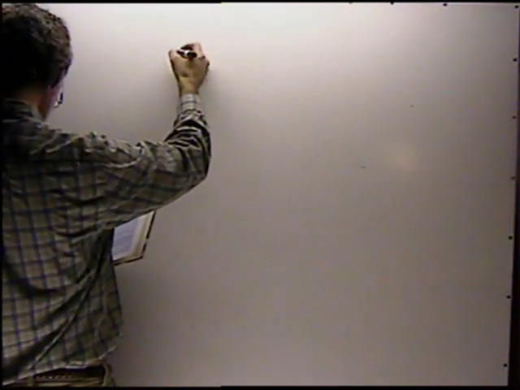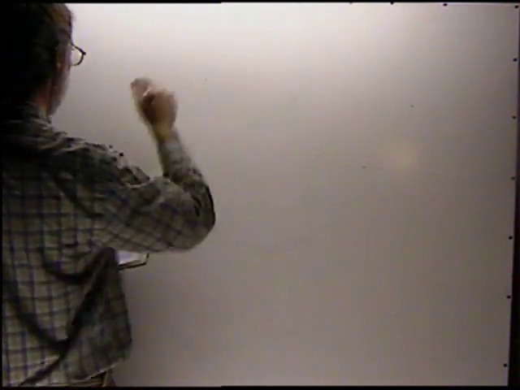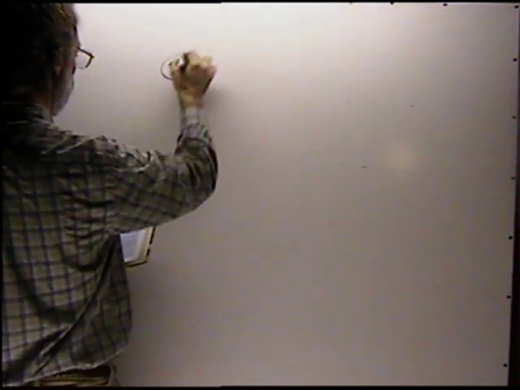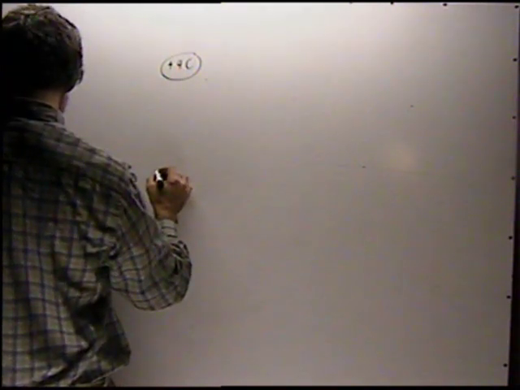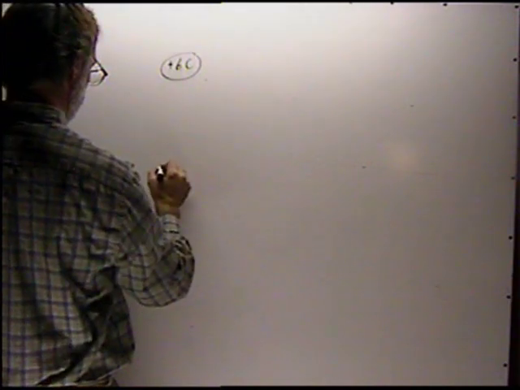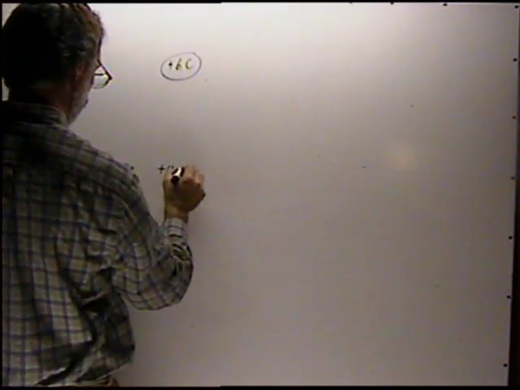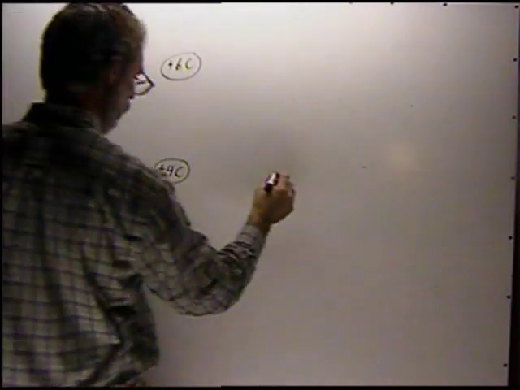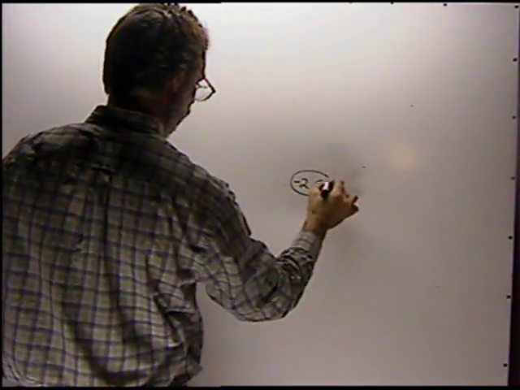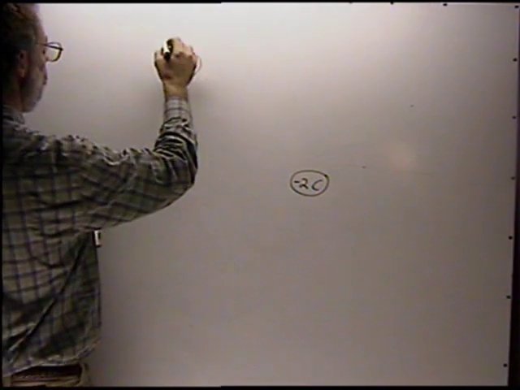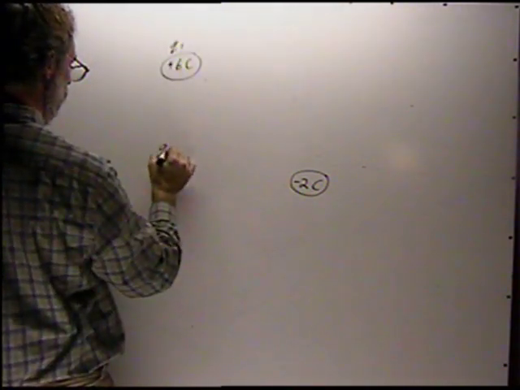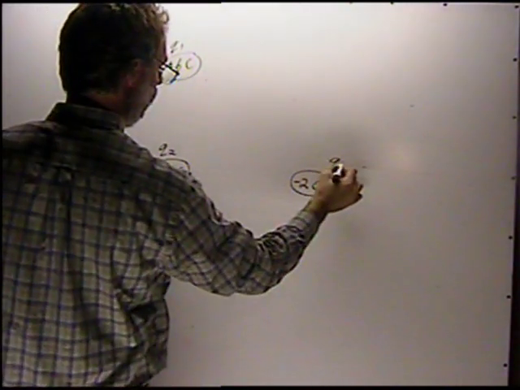You had plus 4 coulombs, plus 6 coulombs, plus 4 coulombs, and over here you had minus 2 coulombs. Okay, so we'll call that Q1, Q2, and Q3.